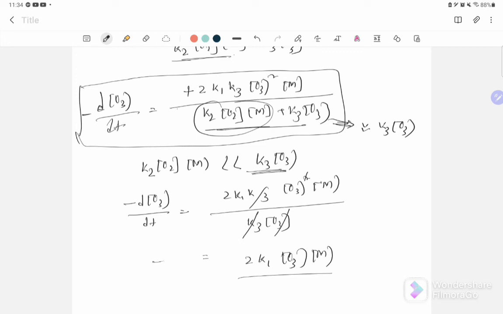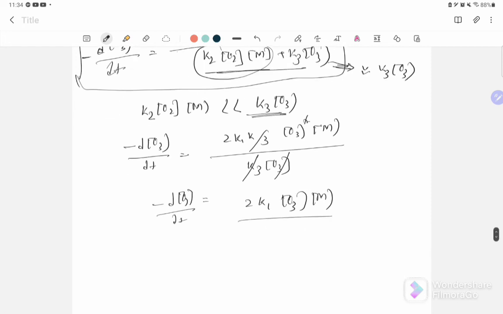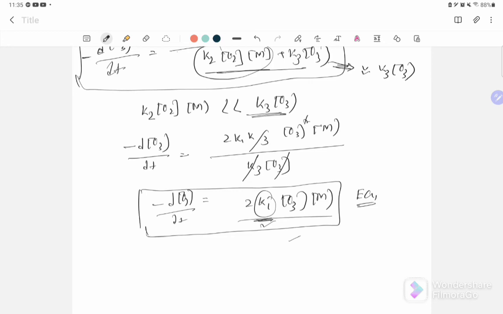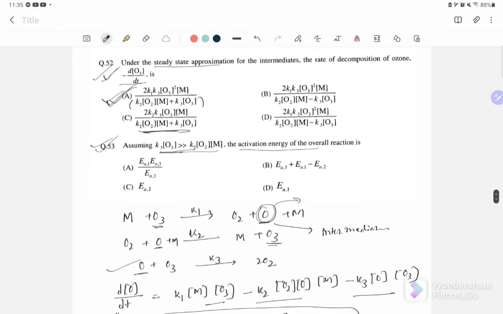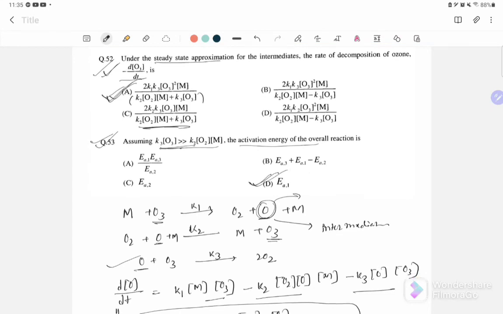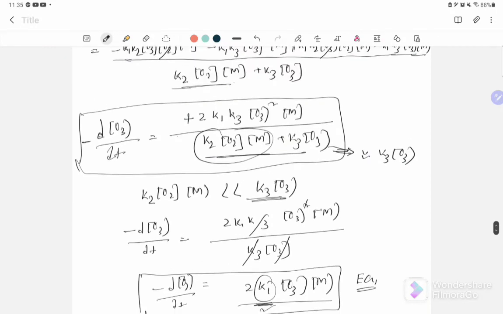For this one, what is the activation energy? You can see that for this reaction, the rate constant depends only on K1. So the activation energy also depends on K1, that will be EA1 for the first reaction. So option D will be the correct option.